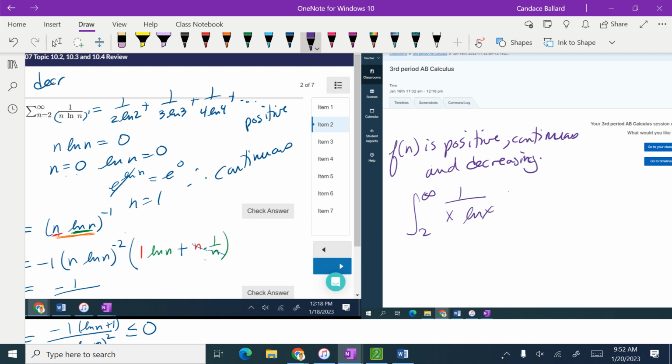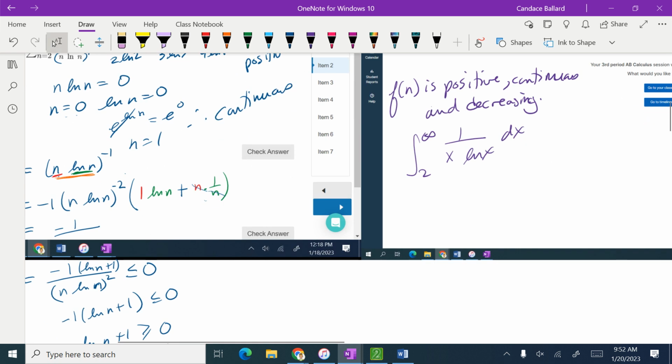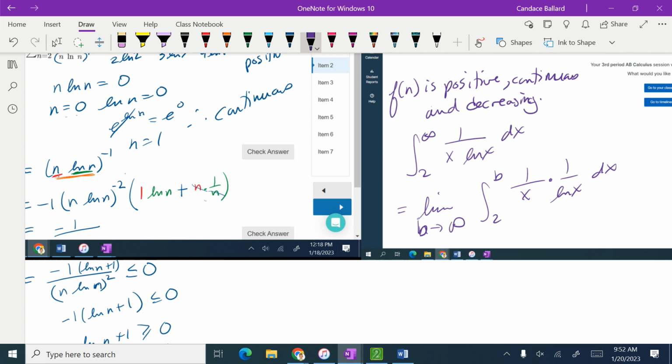We switch that because it's an improper integral, with limit as b approaches infinity of the integral from 2 to b of 1 over x times 1 over natural log of x dx.